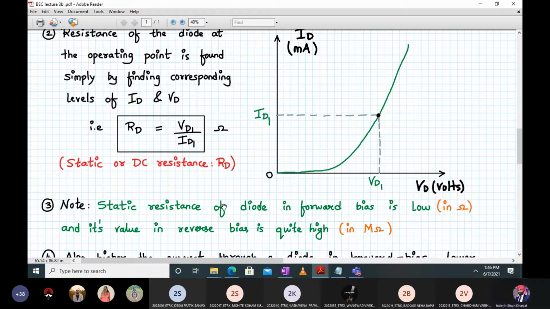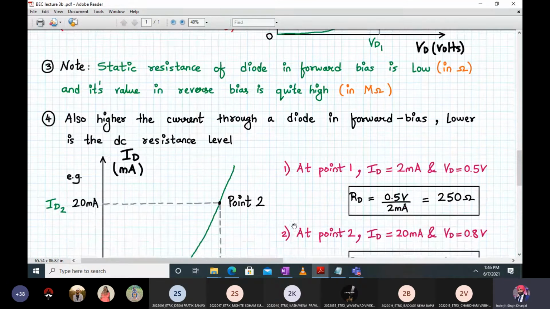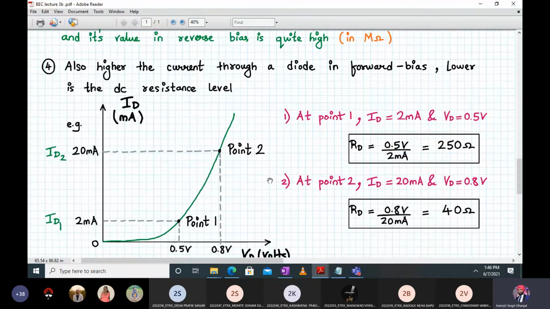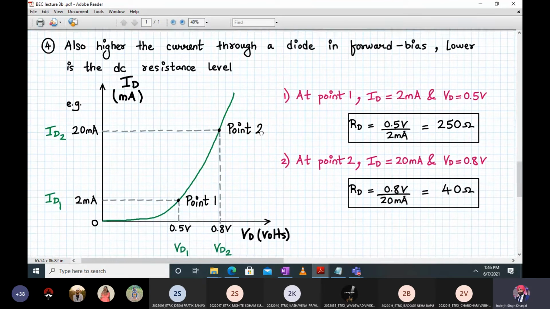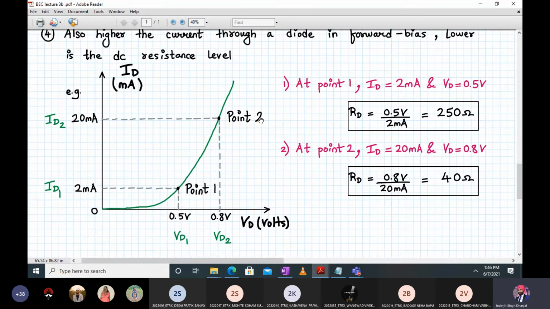In reverse bias there is no current flow, so the resistance is very high. Also, the higher the current through the diode in forward bias, the lower the DC static resistance.